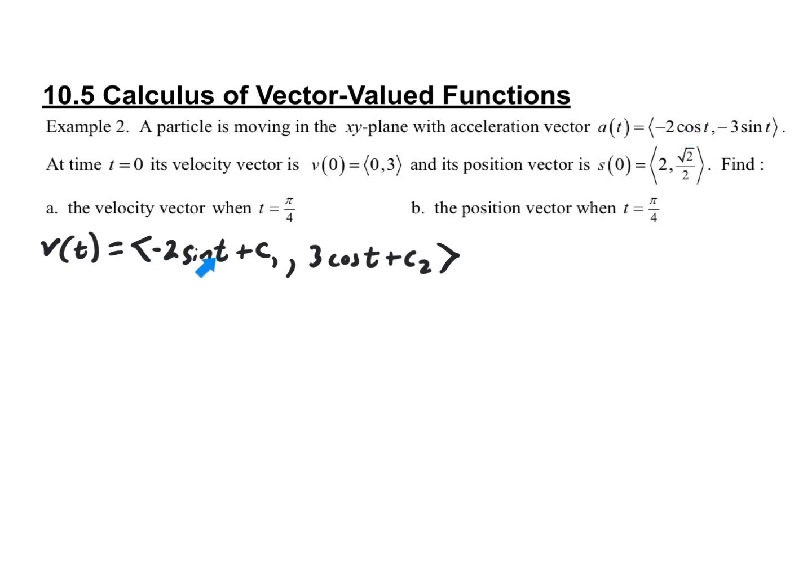So -2 sine t plus C1, because I'm going to have another C over here. And then here when I integrate sine, it's negative cosine, and so that's why the negatives cancel out. So this is where I'm at with the general velocity vector, not at a specific time.